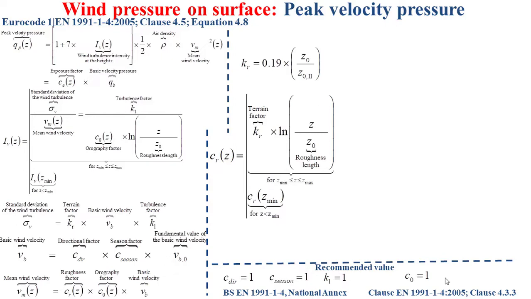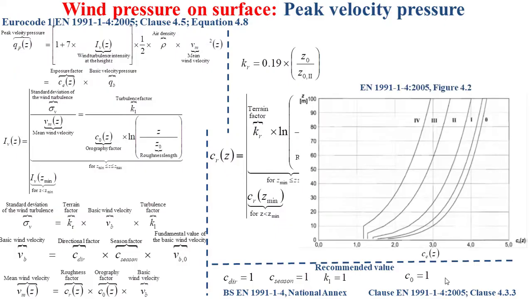1991-1-4. Now, if we come back to the formula of the peak velocity pressure, denoted by qp, we notice that it can be determined also as a certain exposure factor, Ce, multiplied by a certain basic velocity pressure, qb.